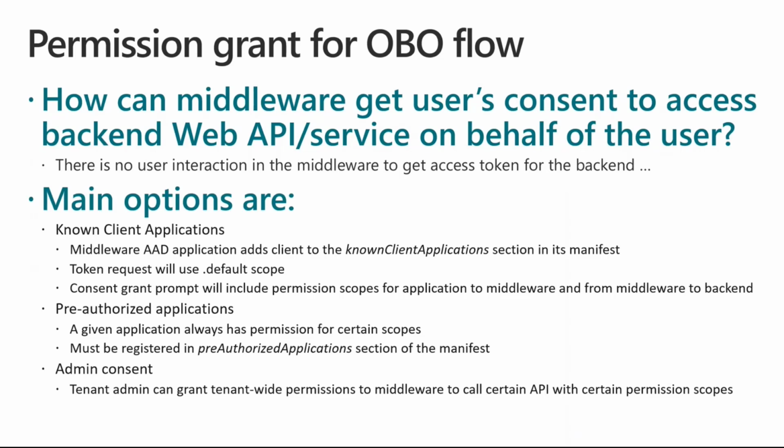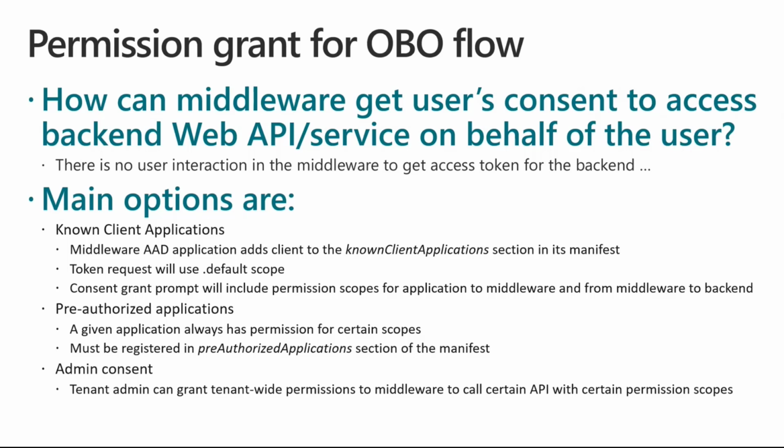One is to define in the manifest of the middleware that there will be a known client application for our middleware, so that when the front end makes a request for an access token, the very first time, to consume the middleware, the end user will be prompted not only to grant access to the middleware, but also to grant consent to access the resources and the services in the backend through the middleware. That's one option.